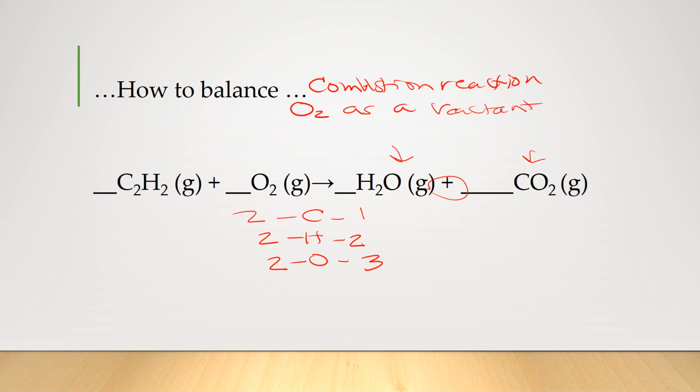So I'm going to leave O2 until last. Whenever you see O2 as a reactant by itself, leave it till last. All right, well, I'm going to start by putting a 2 in front of my carbon dioxide. So now I have 2 carbons for 5 oxygens.